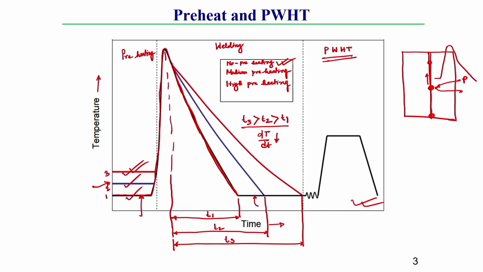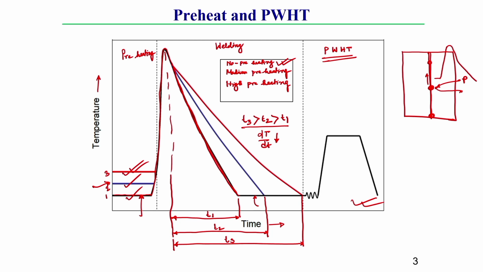This post weld heat treatment is a very popular heat treatment process by which the martensitic structure, or the hydrogen induced and entrapped inside the weld zone, can be removed from the weld as well as the heat affected zone.